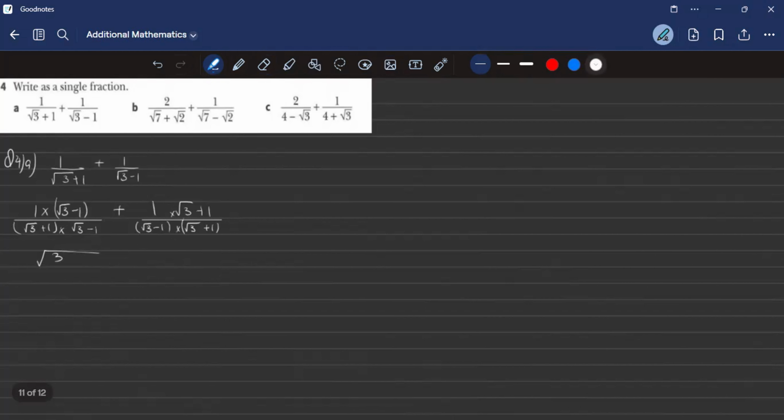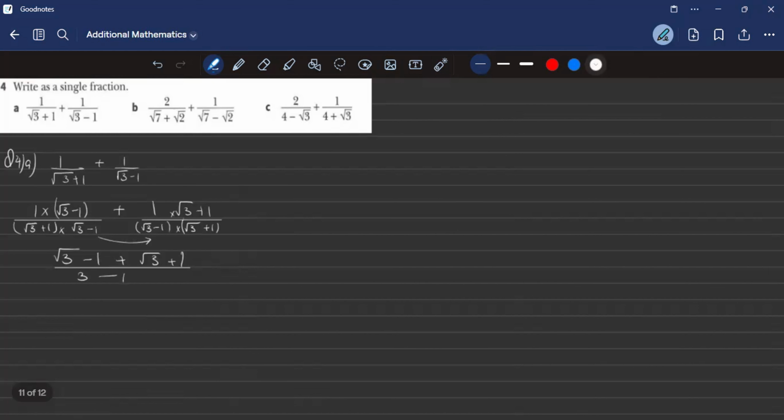So, under root 3 minus 1 plus under root 3 plus 1, divided by, now the denominator of both of them would be the same. So we can write it as a single fraction now. So under root 3 minus 1 plus under root 3 plus 1 divided by (a plus b)(a minus b), which equals a squared, which is 3, minus b squared, which is 1.